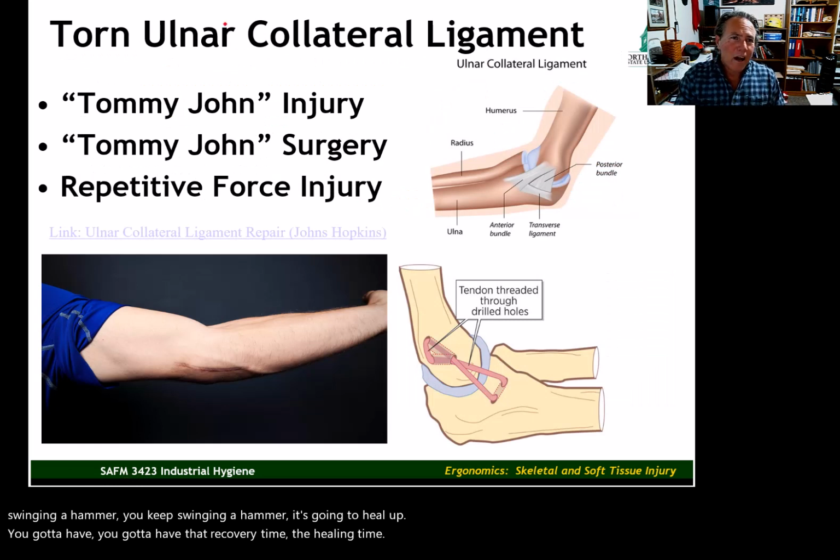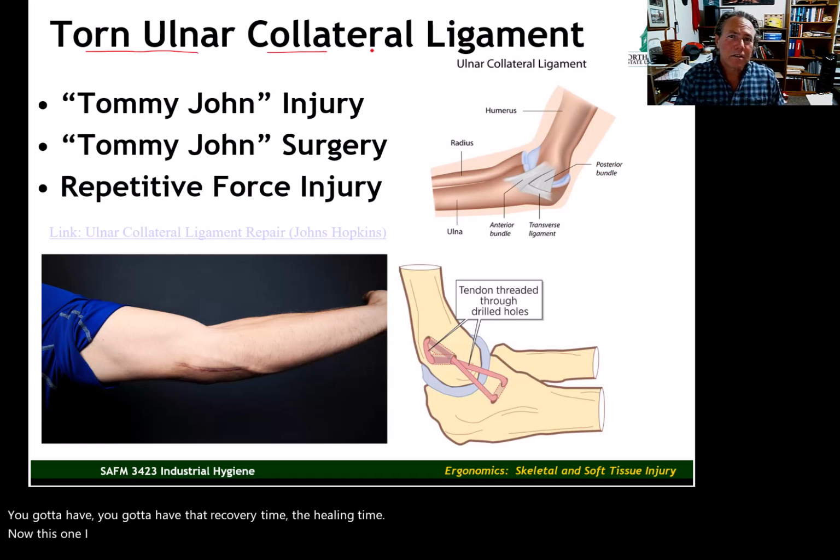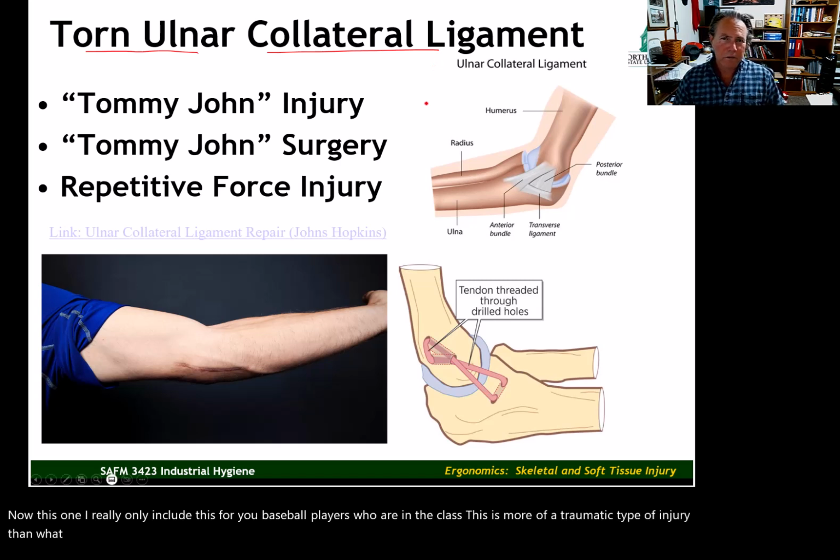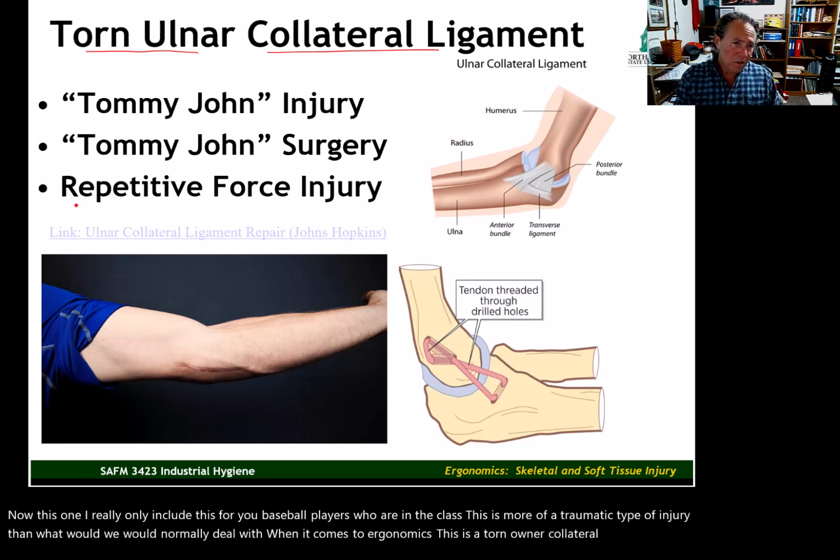Now this one, I really only include for you baseball players who are in the class. This is more of a traumatic type of injury than what we would normally deal with when it comes to ergonomics. This is a torn ulnar collateral ligament resulting from repetitive force.